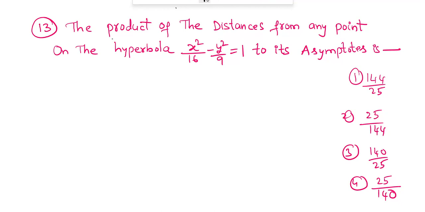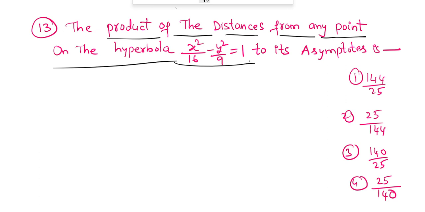This is the 13th question. The product of the distances from any point on the hyperbola x square by 16 minus y square by 9 is equal to 1 to its asymptotes is dash.